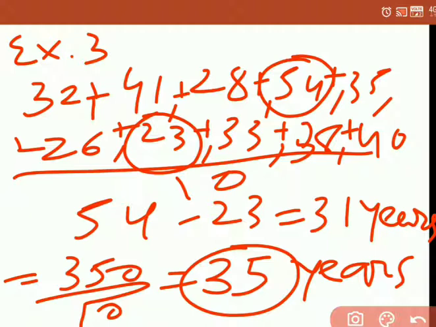So the average age of teachers is 35 years. Understand? Now, understanding the example and the concept, you are able to do exercise 3.1. Okay, let's discuss some of the questions from exercise 3.1.